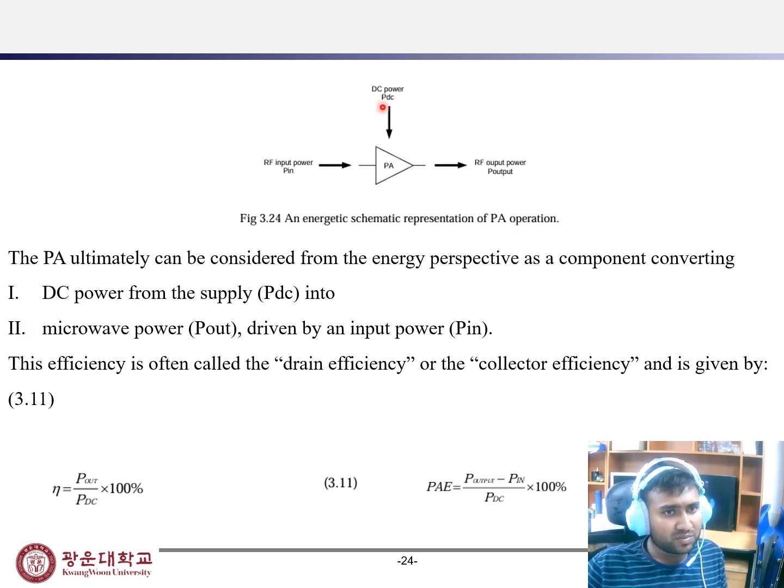DC power from PDC goes into the power amplifier, then we get microwave power Pout by driving the PIN input power. When we measure the efficiency, it is called drain efficiency or collector efficiency, as given by Pout divided by PDC multiplied by 100%. Thus we get the drain efficiency or collector efficiency.